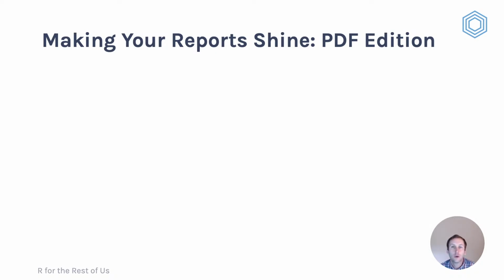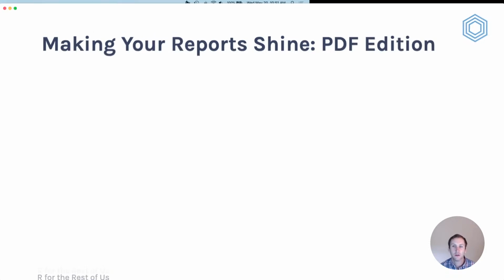The next output format that we're going to talk about is PDFs. PDFs by default knit to a very distinctive format that when you see, you will very much recognize. I'll actually show that.